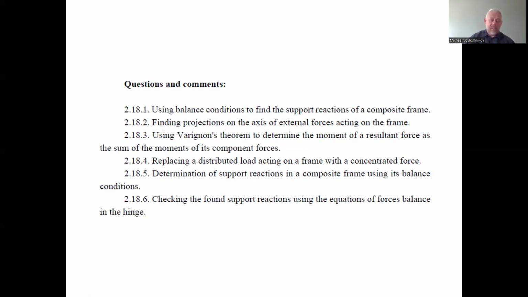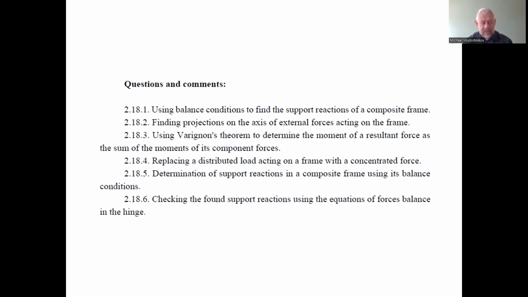Sometimes the load is distributed otherwise, for example, a linearly distributed force. I mean linearly, in a triangle shape of distribution, to the maximal magnitude of force within the distributed segment of the rod.